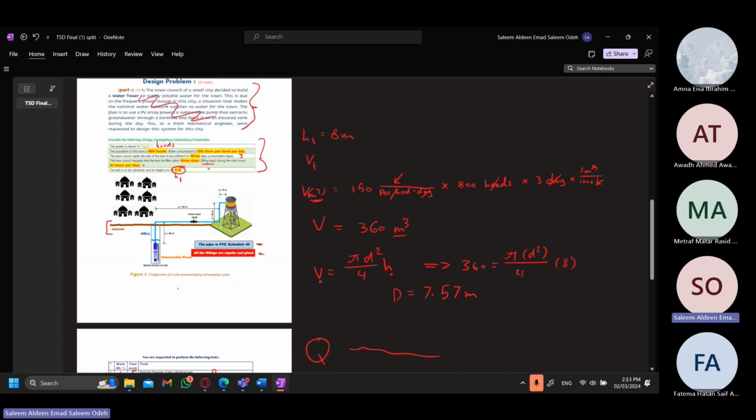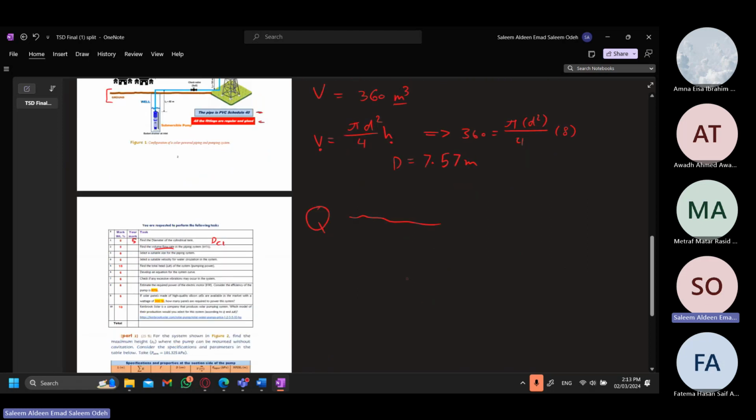All right, now in this question, we calculated the volume, and we can calculate the time. In the question, he told us it will take 3 days to fill up the tank, and it can only be done during the day, during solar hours, which is 6 hours.